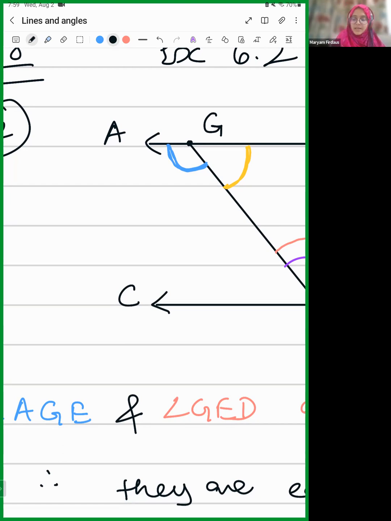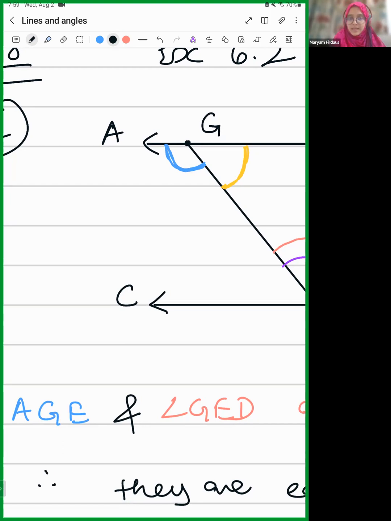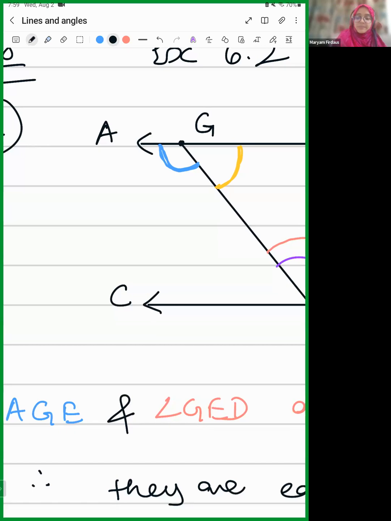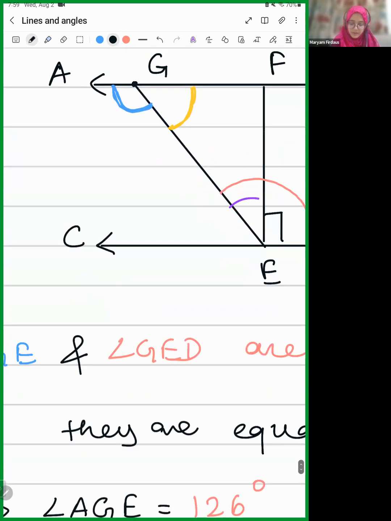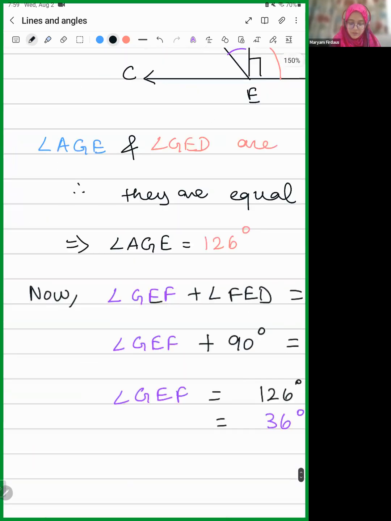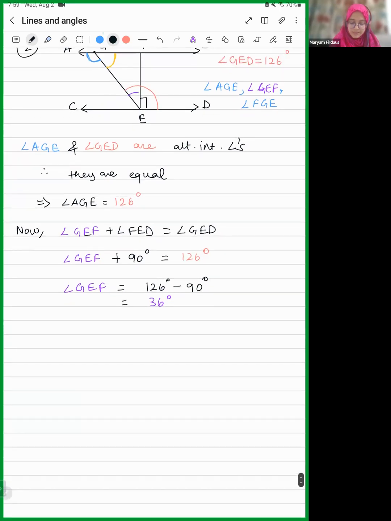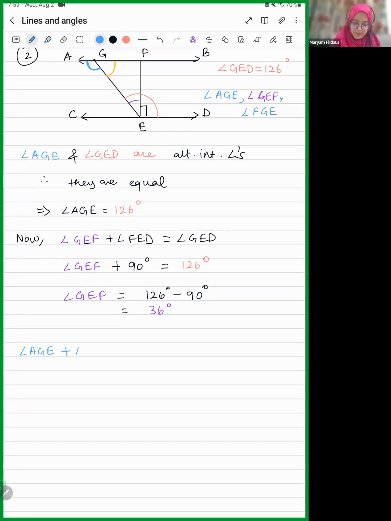Say it like this: angle AGE plus angle FGE should be 180. Okay. So let's write it over here. Angle AGE plus angle FGE should be equal to 180.